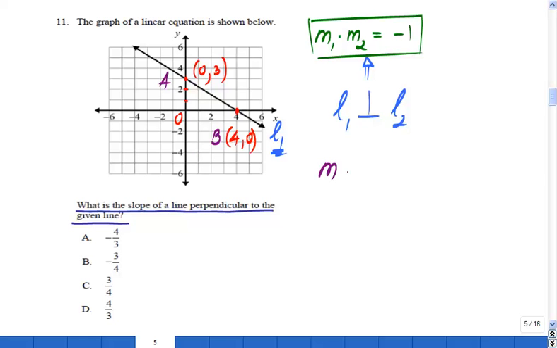And to find the slope, you remember that slope, and in this case we call it m1 for this line, equals the change in y over change in x, or rise over run.